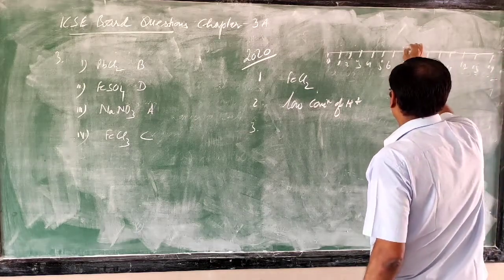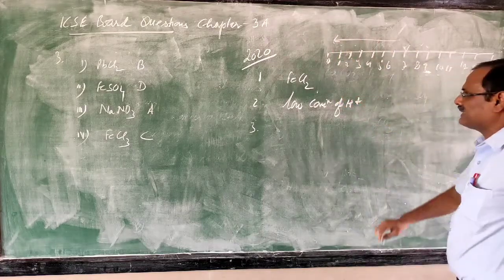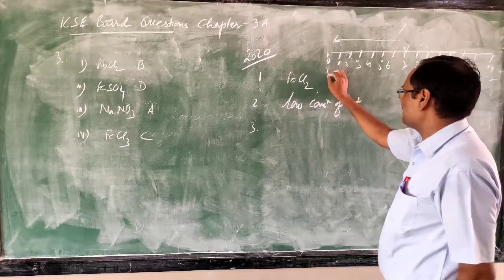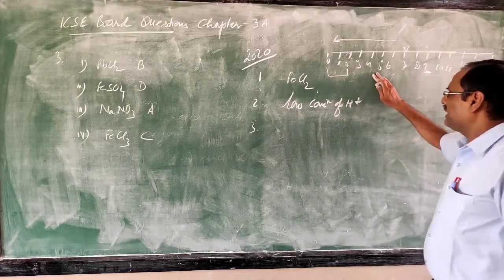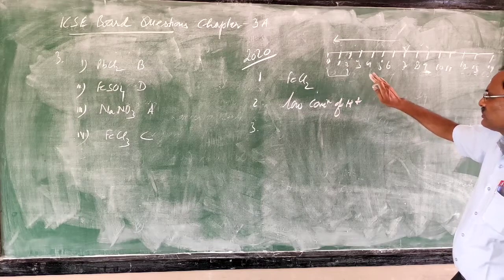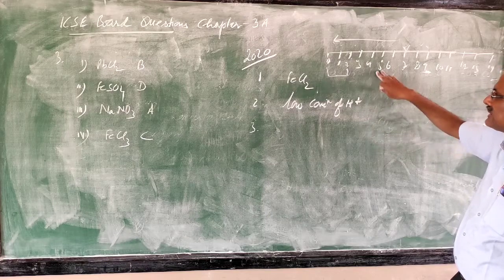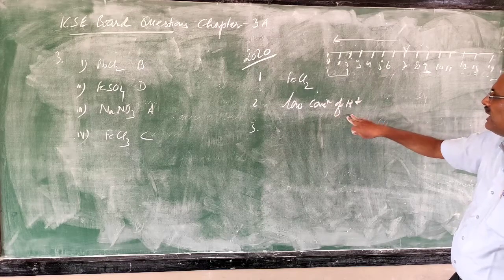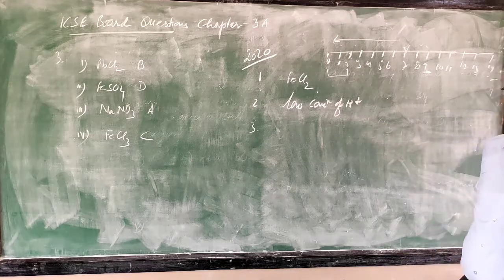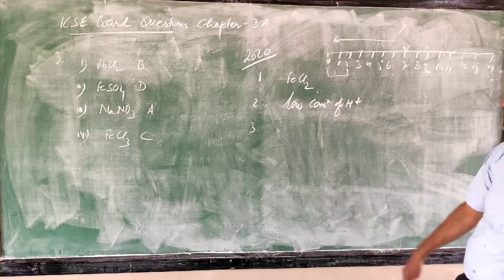Seven is neutral. When you move toward the lower side, the acidic character increases. Sulfuric acid will come here and acetic acid will come here. So acetic acid pH will be more, but its hydrogen ion concentration will be lower.